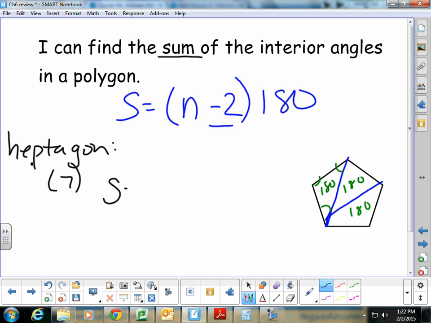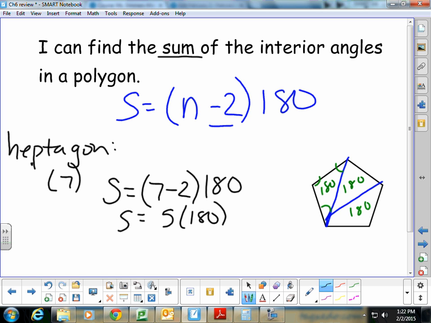So I do the sum is the number of sides, 7, minus 2, for how many triangles there are, times the degree of triangles. And so I get 5 times 180, which is the sum is 900 degrees for the total.